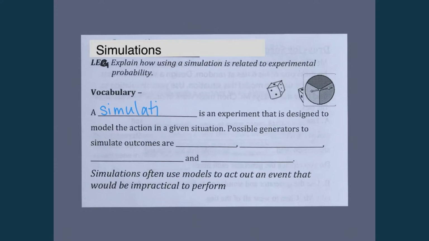And you probably do lots of simulations with video games and whatnot. So, possible generators. A generator simulates outcomes. These are going to be random, like a cube, the spinner.